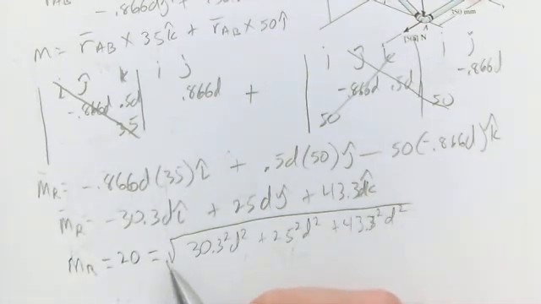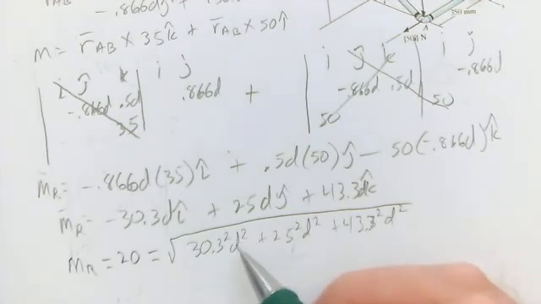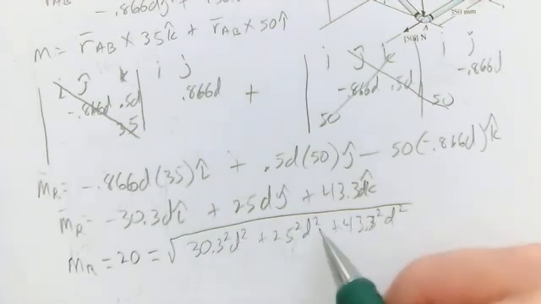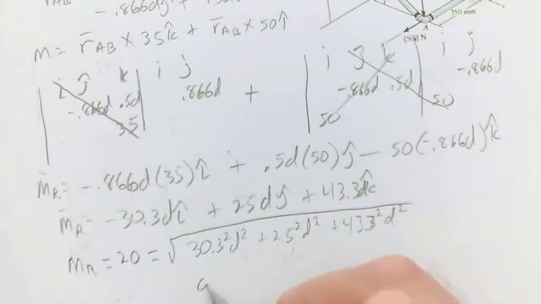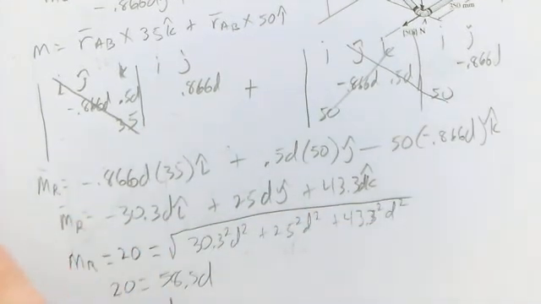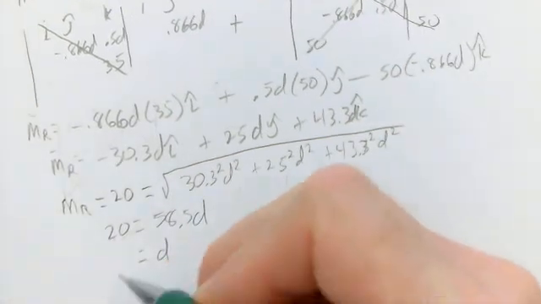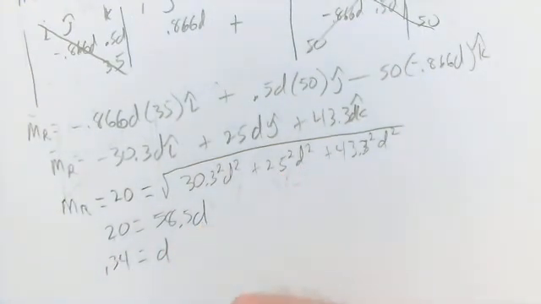And we can sum all the numbers and take the square root of the whole thing, and so we get 58.5 D equals 20, and so D equals 0.34, and that's going to be meters.